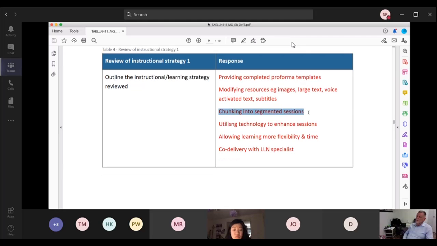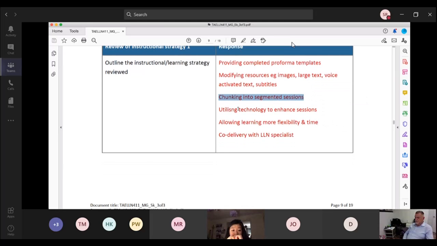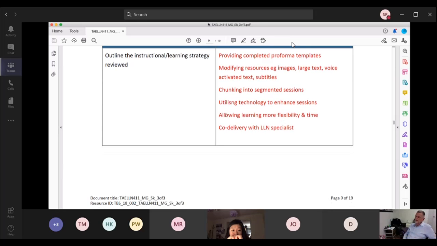Most of you have used the chunking into breaking it down into sections and segments. A lot of you have used technology to enhance your sessions through presentation. Another strategy may be to allow for more time in regards to the learning.